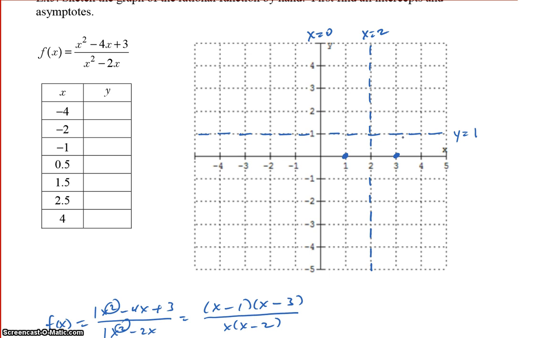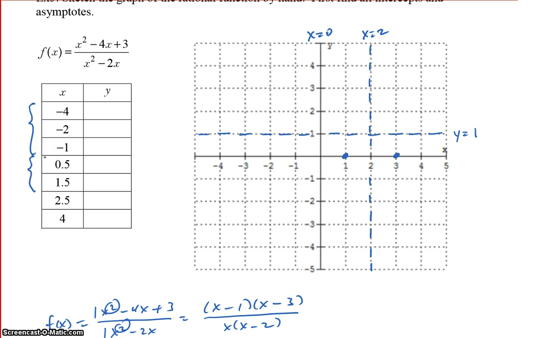So I have some values of x to the left of x equals 0. That would include -4, -2, -1. I have some values of x between x equals 0 and x equals 2, that would be 0.5 and 1.5.